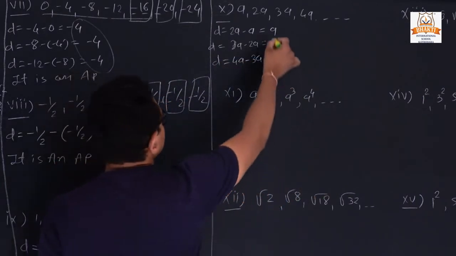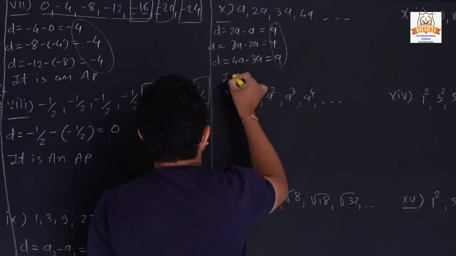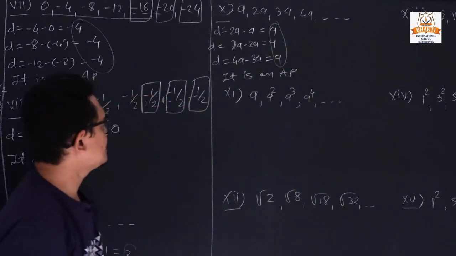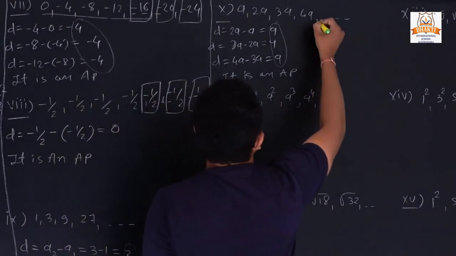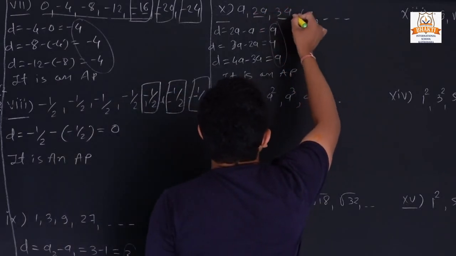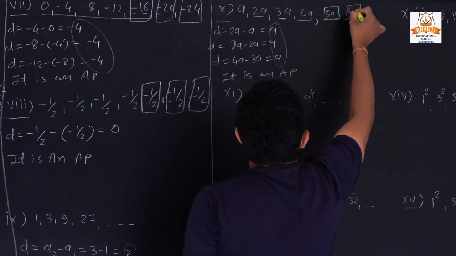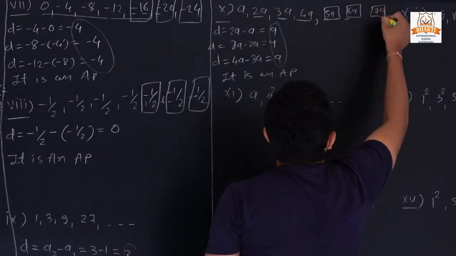So each time we have the same difference, so it is an arithmetic progression. So what are the next 3 terms? See the pattern, 2, 3, 4. So the next term is 5a, then 6a, then 7a.